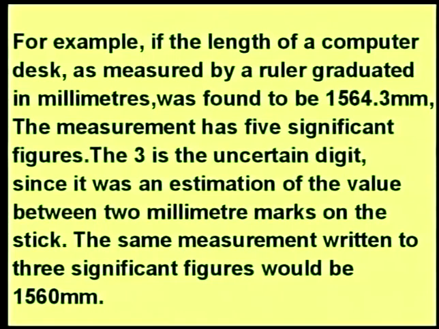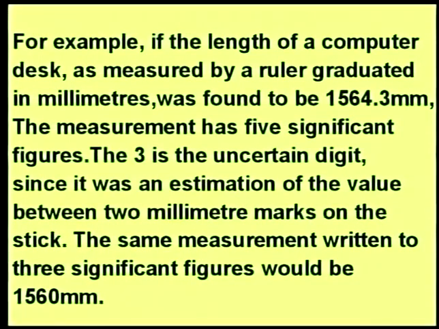You find that the 3 is the uncertain digit, since it is an estimation of a value that comes after the decimal. That estimation is 3, and we know that it may fall between 2 and 4. So the 3 in this case is the uncertain value.